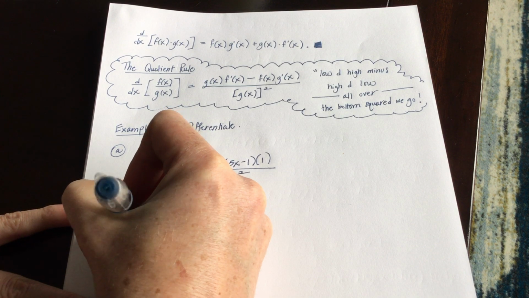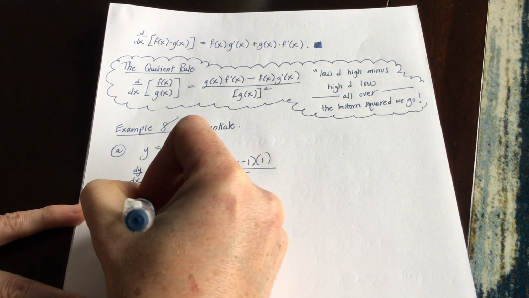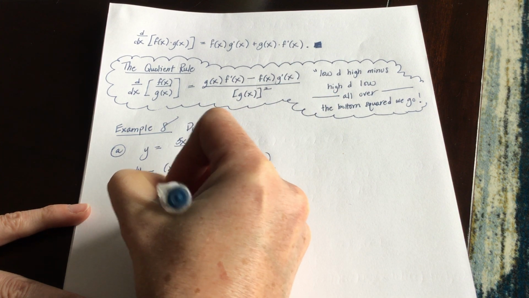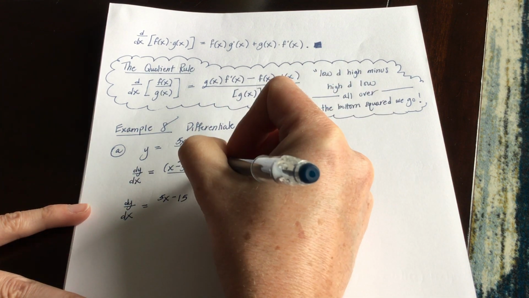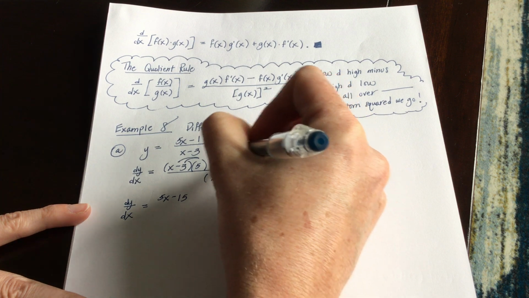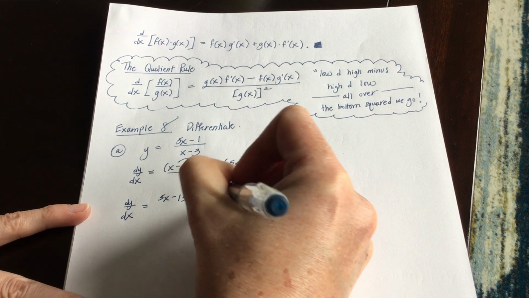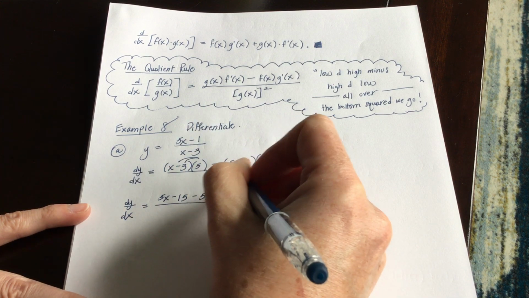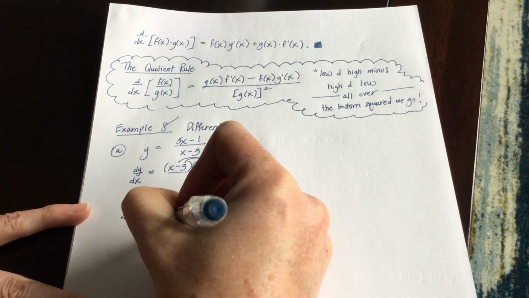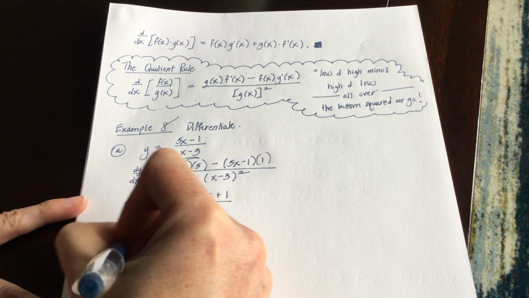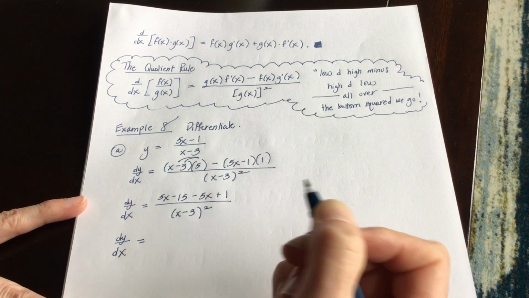All right, from there, dy dx would be, let's just go ahead and simplify it a little bit, 5x minus 15. I'm going to multiply the negative and the 1 in at the same time, so I'd end up with minus 5x plus 1. I don't think squaring that out is worth our time, so I'm going to leave that factored. Let's see what happens when we combine like terms in the numerator.